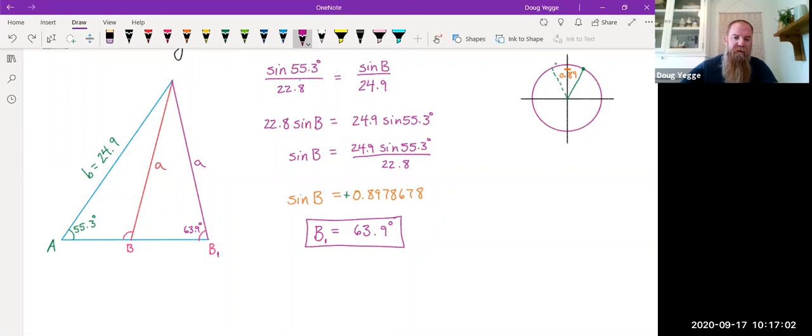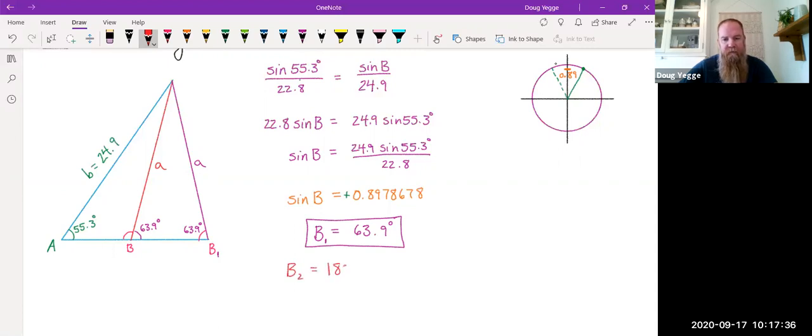And the reason this is true is if side A and side A are both the two legs of this triangle, then notice this triangle on the right side is actually an isosceles triangle, which means that the angle on the other side is equal to B, which means by the law of supplementary angles, we're going to be able to find what B2 is by simply subtracting that from 180.